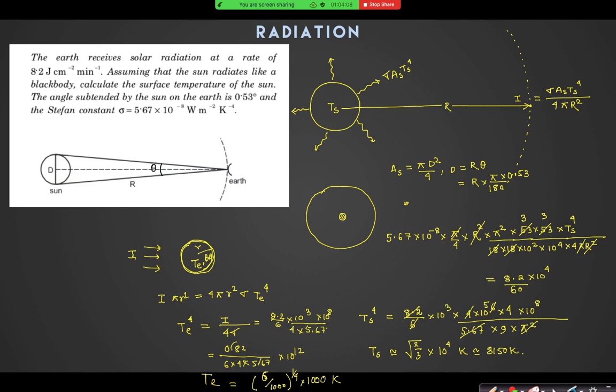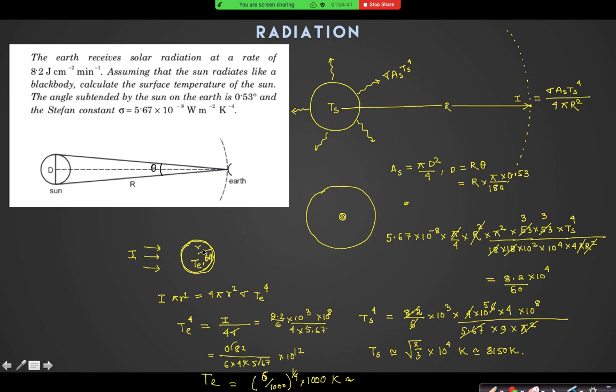Square root of 0.006, 0.0774, 0.278. No, it's coming 278 Kelvin. Yes, 278 means 5 degrees Celsius.